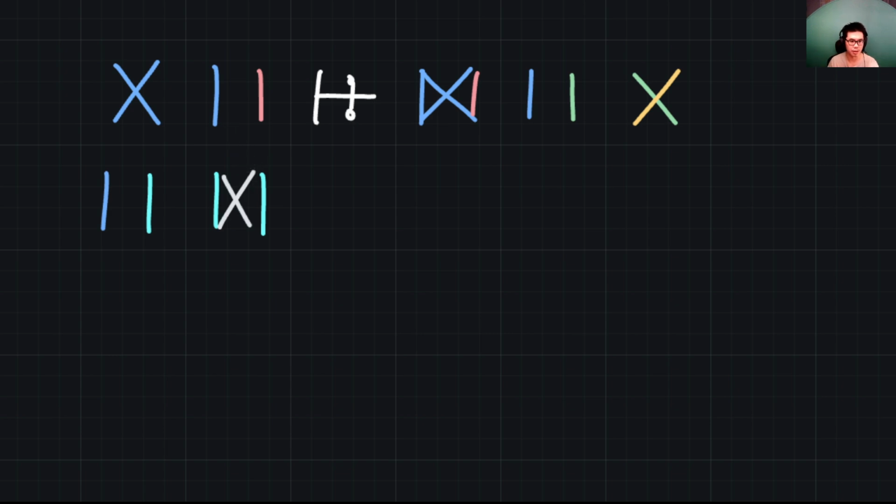You will also see the RT gate. These are here to provide an unequal superposition. It looks very much like the ordinary H gate, except the cross terms are thinner. So that's the RT gate, an unequal split.